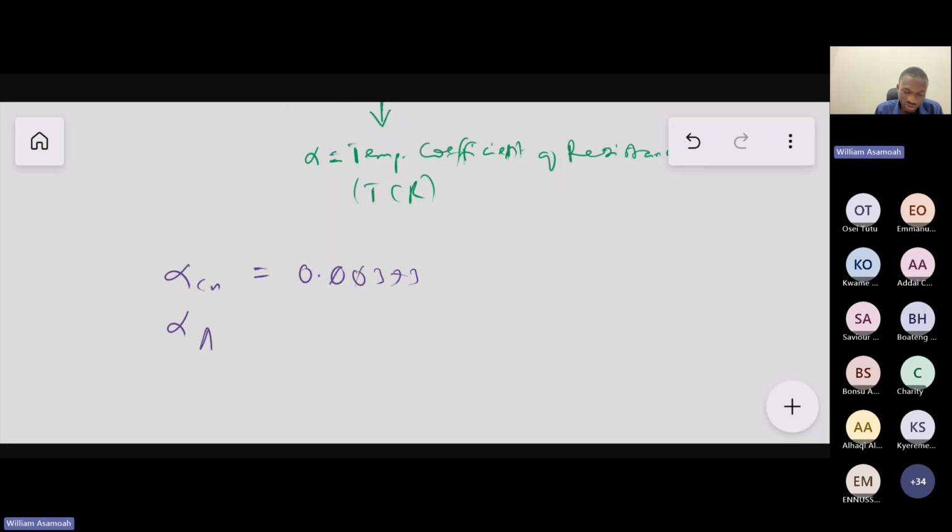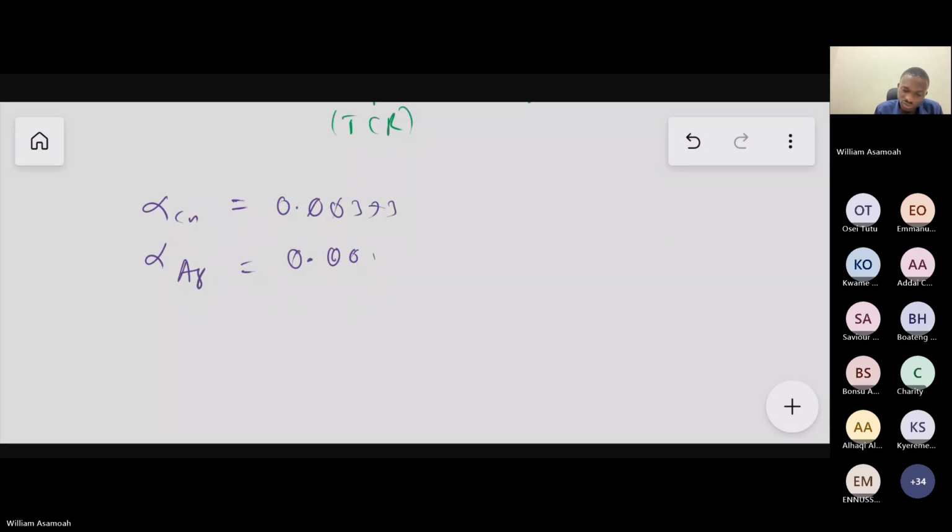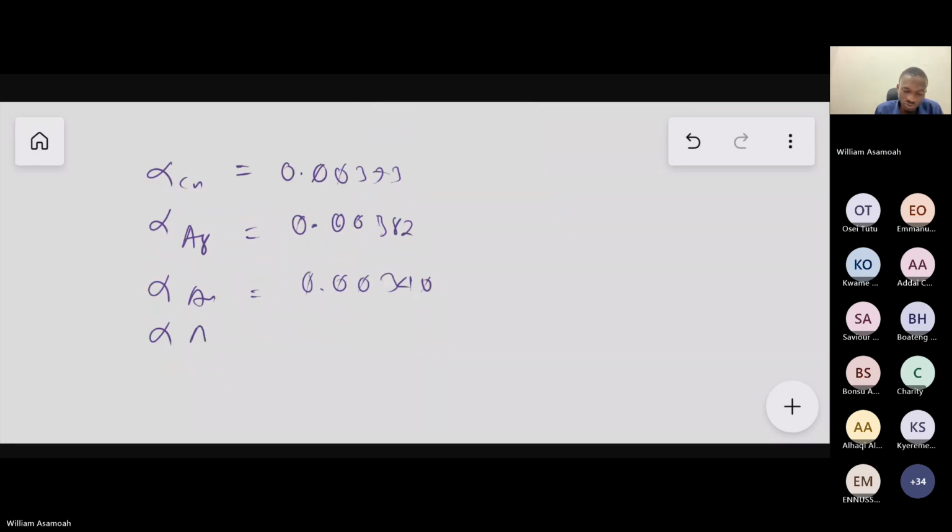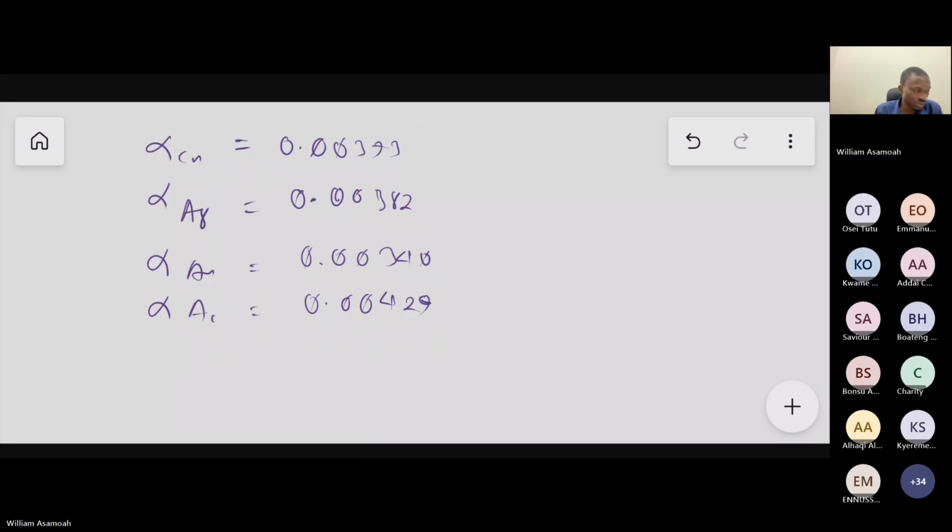Alpha of silver is equal to 0.00382. Alpha of gold is equal to 0.00340. Alpha of aluminium is equal to 0.00429. You don't need to memorize this.